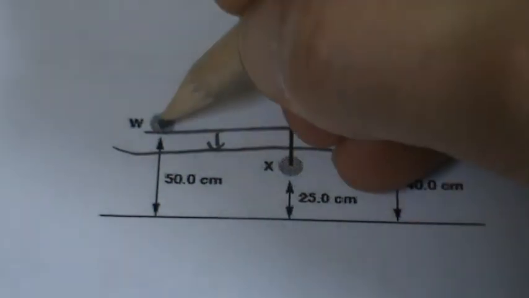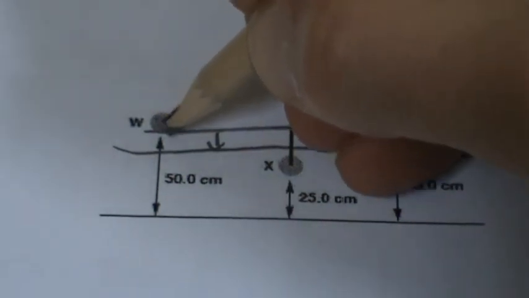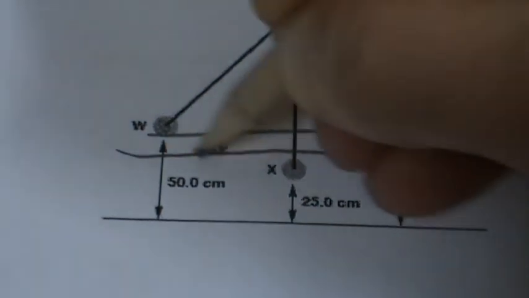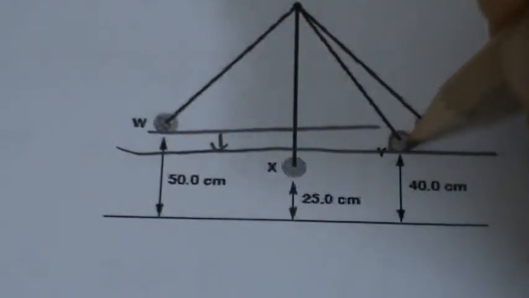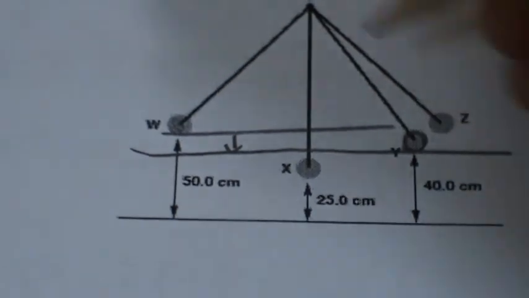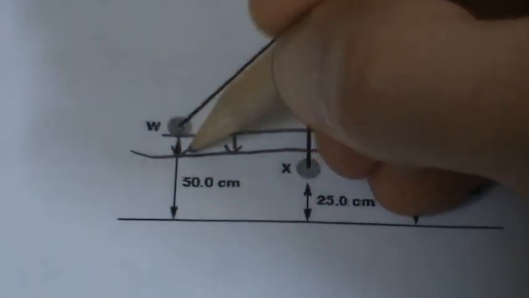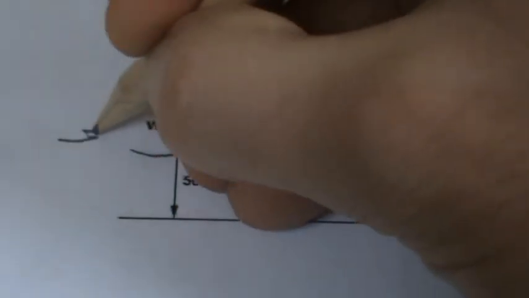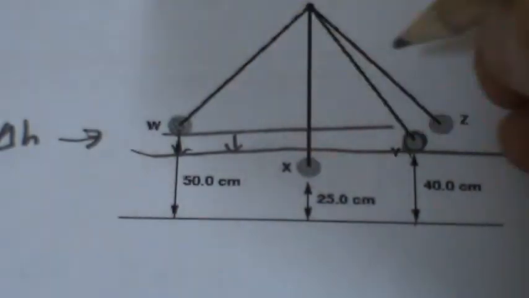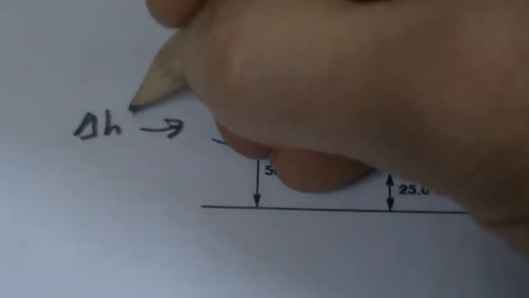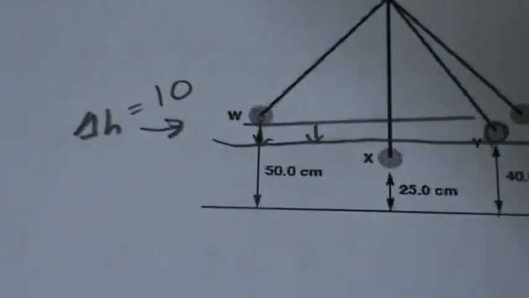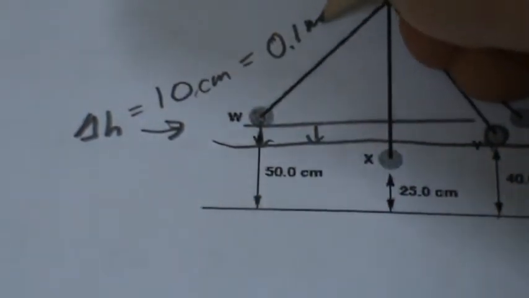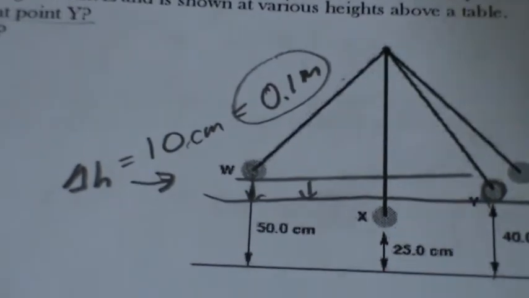From W, it starts, and then it swings, makes a full swing at Z, and it stops again, and then again and again. So from W, it drops a total of, well, if it's at 50, and now it's at 40, it looks like the change in height here is equal to 10 centimeters, which I'm going to convert into 0.1 meters.